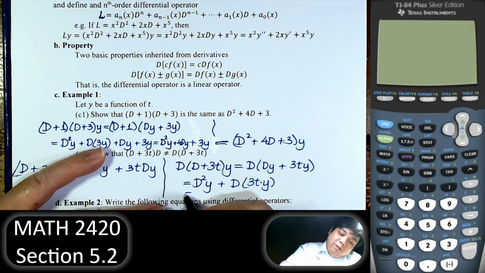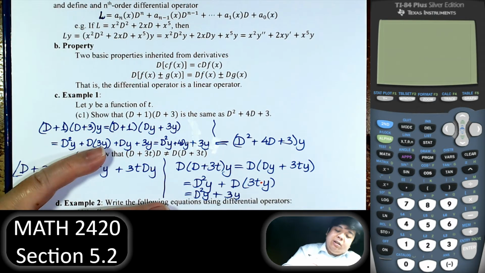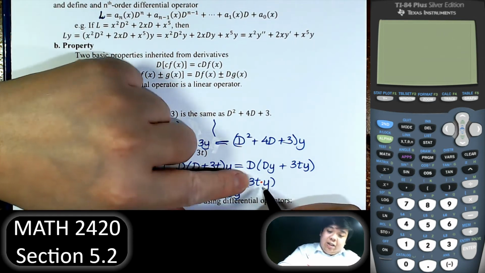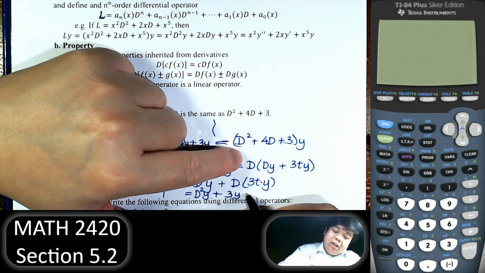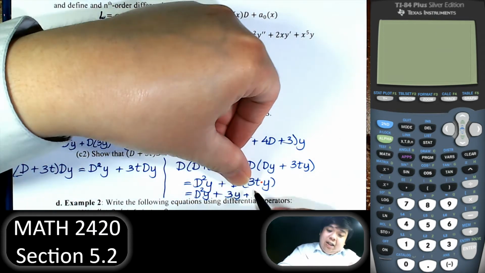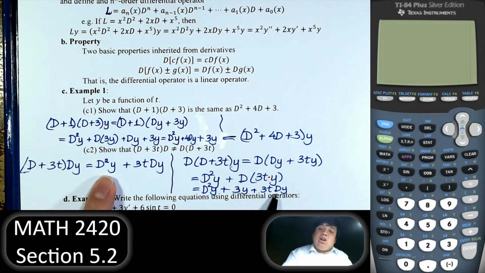So we will have D squared y plus the derivative of the first one, 3, times y, and then the first term times the derivative of the second. Of course they are not the same because of the difference of 3y.